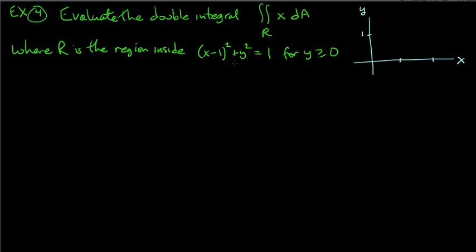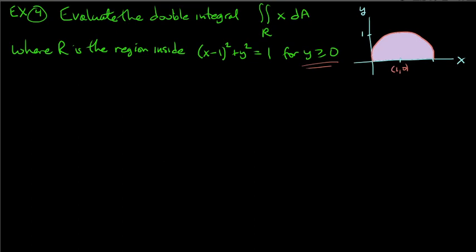By now you know this is just a circle of radius 1, but it's centered at the point (1, 0). And notice y has to be greater than or equal to 0, so it's only the top half of this circle here, right? And in particular, it's what's inside.